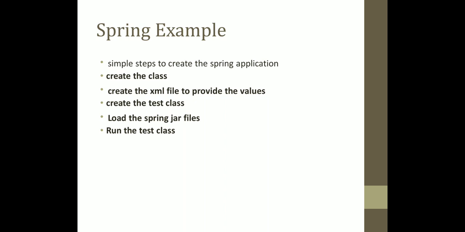Then we'll add some required libraries. These required libraries are the files that will be helpful for providing values. How these files can be added, we'll see after the creation of the Java project, that is, after creating the class. We now have to add the Spring framework.